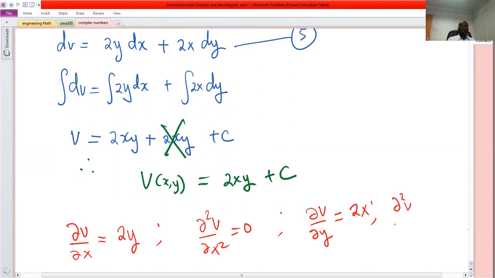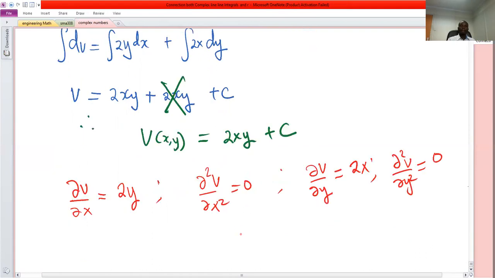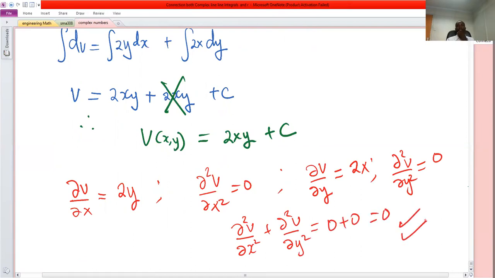Partial squared v partial y squared, you get 0. And clearly, partial squared v partial x squared plus partial squared v partial y squared is 0 plus 0, which is 0, and shows that v is harmonic. So that is how we do that problem.